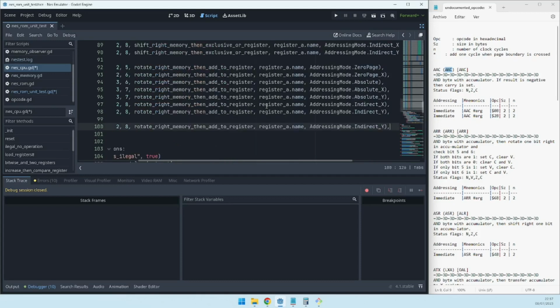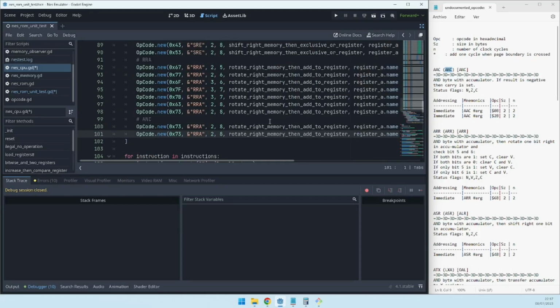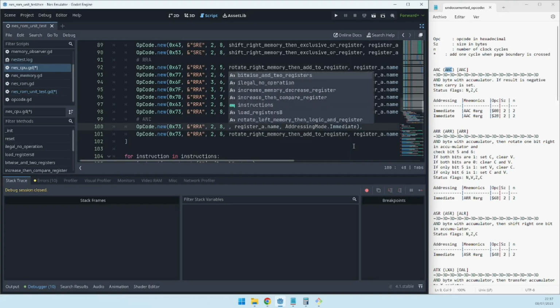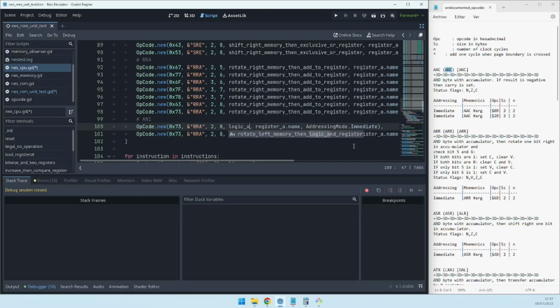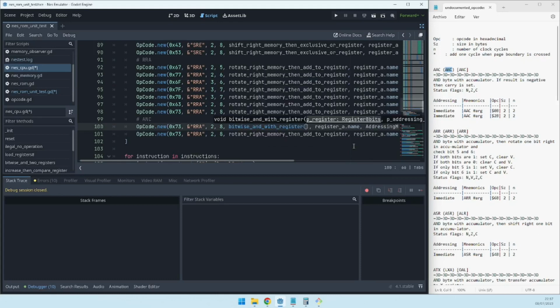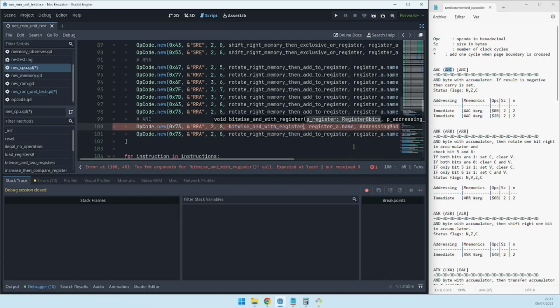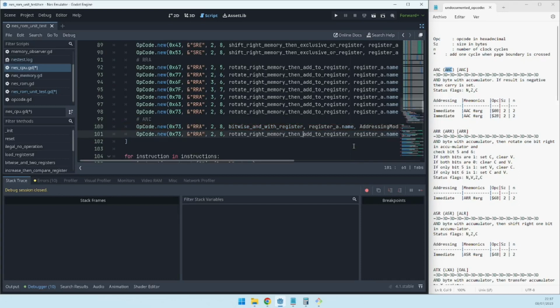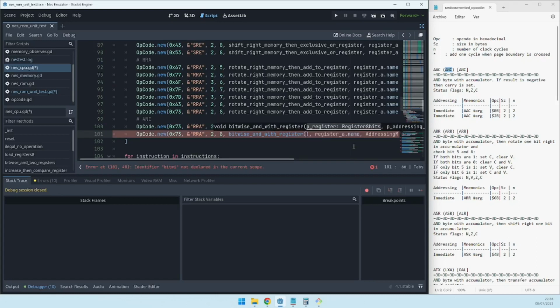So this one is immediate. Both are immediate, both are register, and both are logic and bitwise AND with register. Yes. That's it. Bitwise AND with a register.